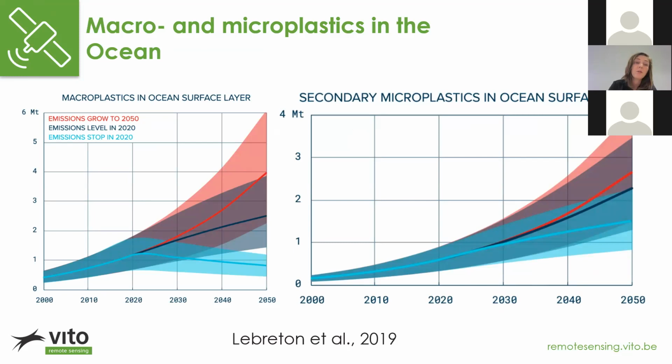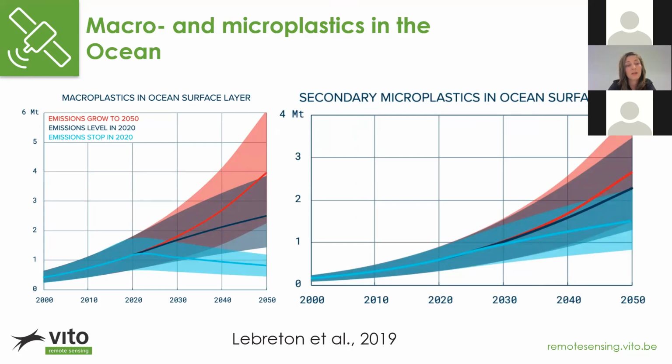I always like showing these two figures. It's from a publication of Lebreton in 2019. At the left, you see the macroplastics in the ocean surface layer. With macroplastics, I mean plastics larger than about 5 centimeters. And you can see 3 graphs.